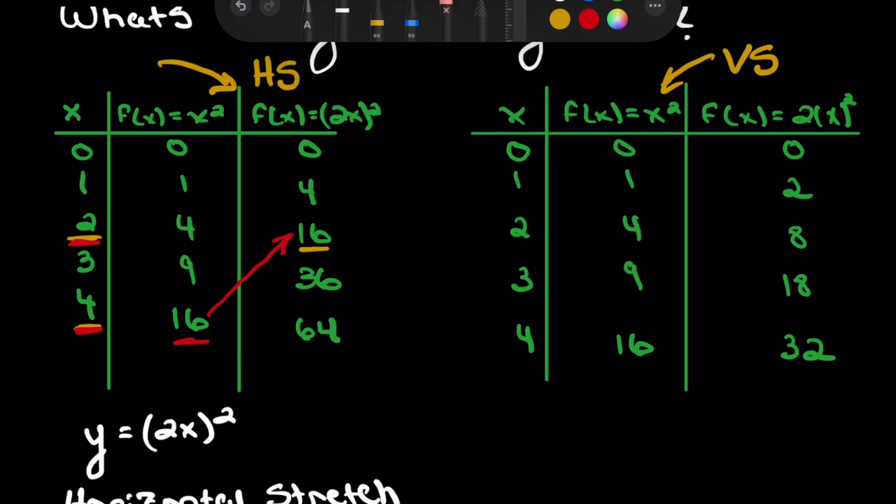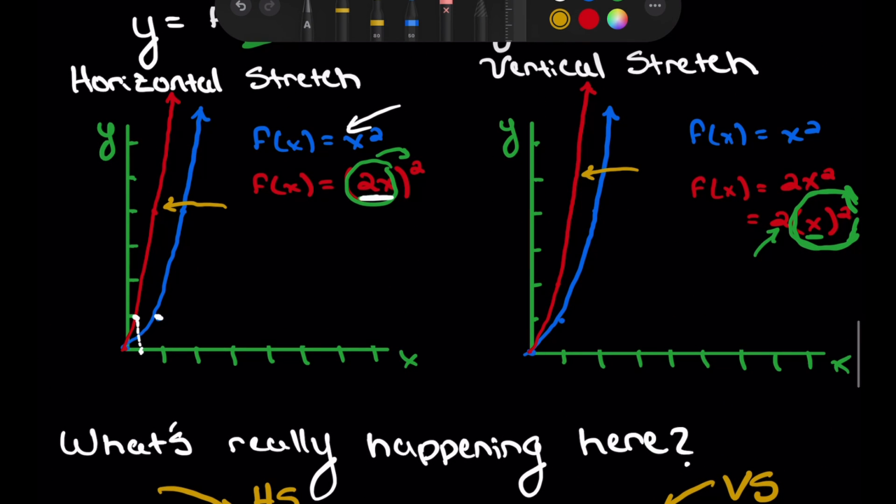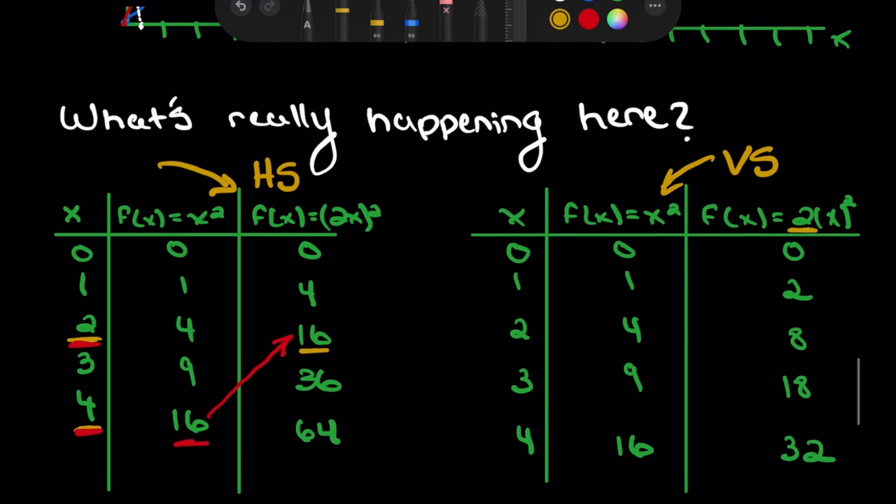With our vertical stretch, this should make sense because all the values are being doubled. So whatever they were before, our 2 coefficient should immediately say that if we're stretching all our values vertically, that means that for every y value we originally had on our blue graph, for every point that existed on this blue line, those are all going to get stretched by a factor of 2, or double what they were.